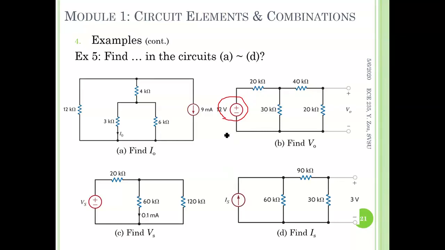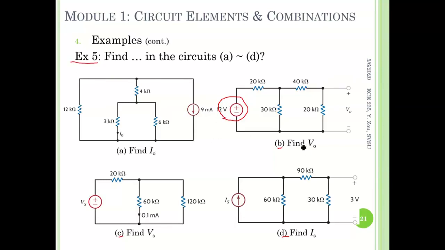If you have one independent source and you have one or more dependent sources, you can't do that either. It must be one single independent source, and then you might think of current or voltage dividers. This is also the case for circuit B here, also C and D. So pretty much example 5 is all about the voltage or current divider.